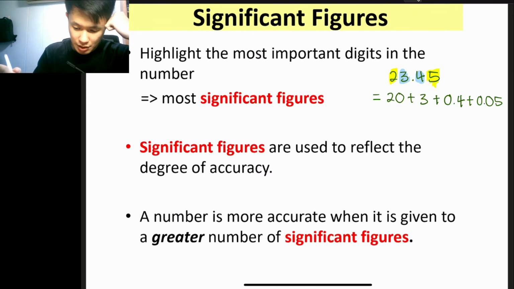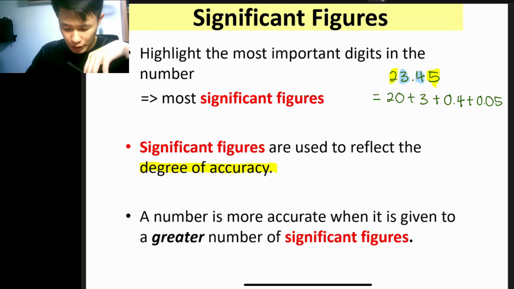Next, significant figures can also be used to reflect the degree of accuracy. This is more when we go into rounding off, and we don't want to just simply round off to the nearest whole number or nearest decimal place. Why is that so?